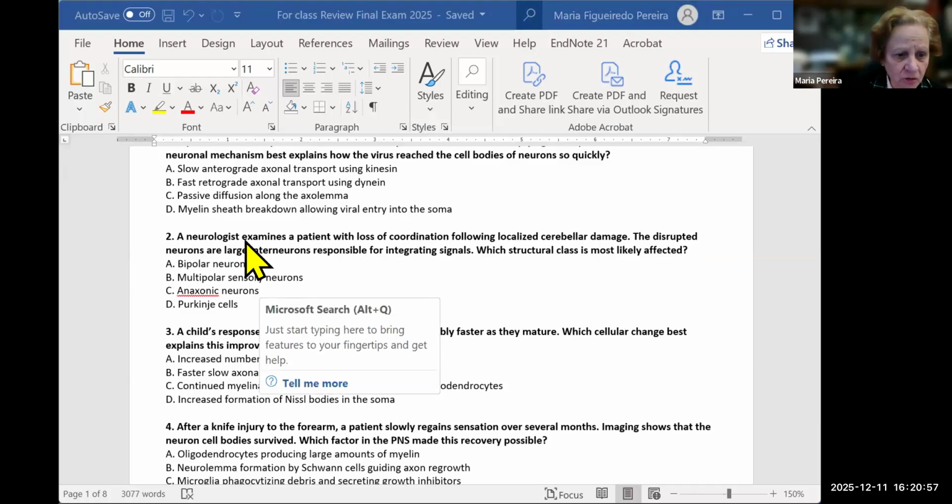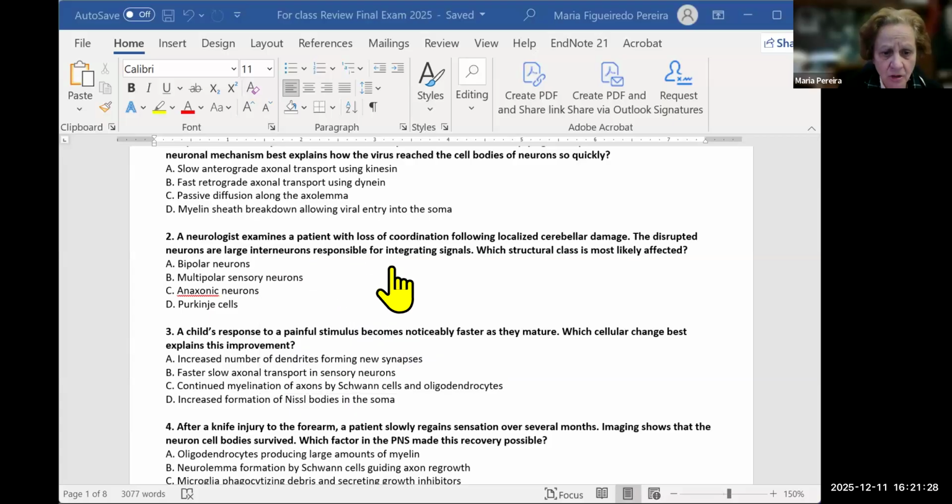Okay, so a neurologist examines a patient with loss of coordination following localized cerebellar damage. Now make sure that you read things properly. It's cerebellar. So that means it's related to the cerebellum, not the cerebrum. The disrupted neurons are large interneurons responsible for integrating signals.